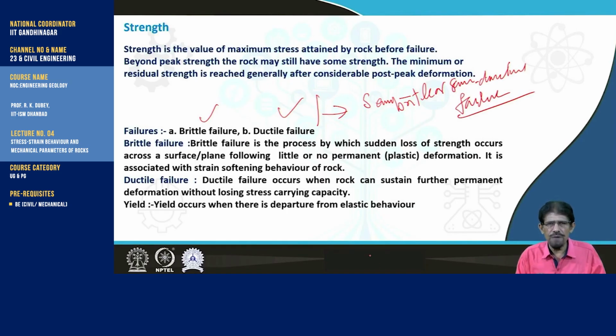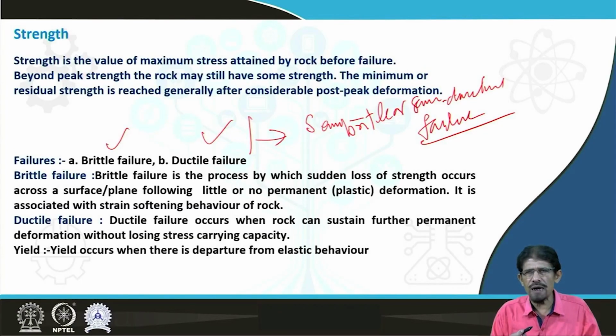The brittle failure is the process by which there is a sudden loss of strength across a defined surface without permanent deformation, and this permanent deformation we recognize as plastic deformation.